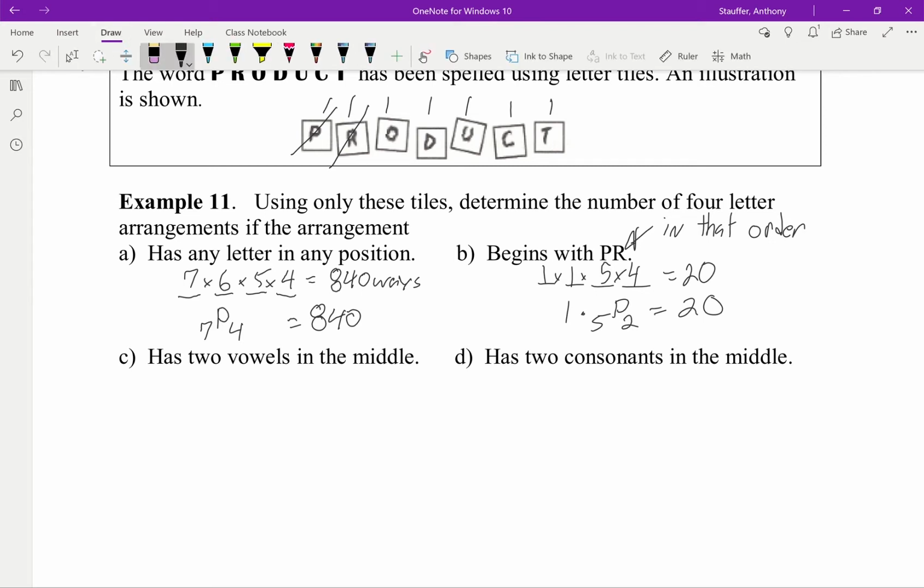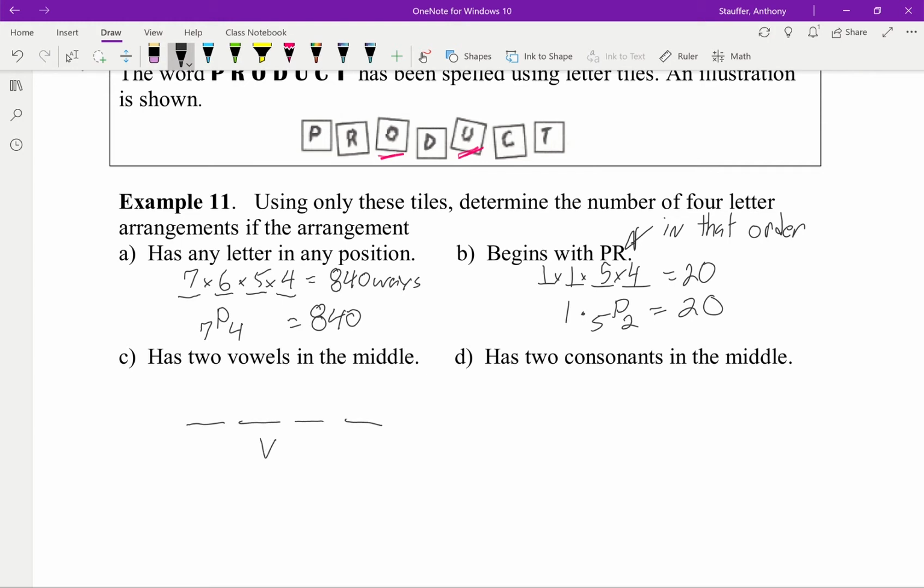For my next one, here we want to have two vowels in the middle. So I have 2 vowels in total. Now in this case, this is going to actually fall into the fundamental counting principle a lot more easily than a permutation, so I'm just going to do the fundamental counting principle way of this. So I have 1, 2, 3, 4.